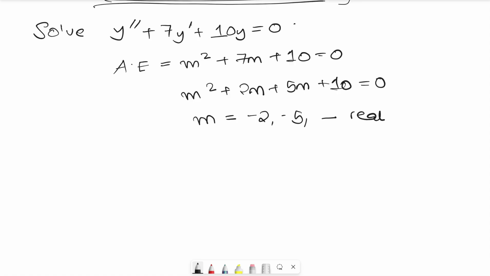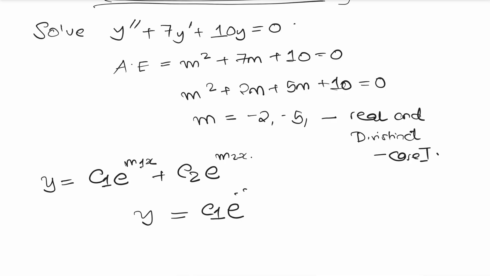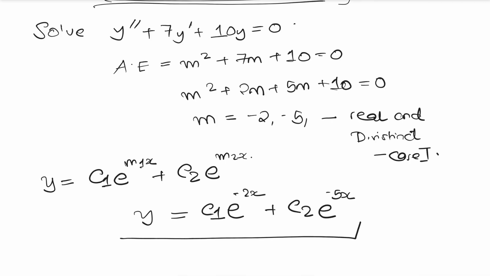Roots are real and distinct. This falls under case 1, and in case 1 the solution was c1 e raised to m1x plus c2 e raised to m2x. So the solution will be y is equal to c1 e raised to minus 2x plus c2 e raised to minus 5x.